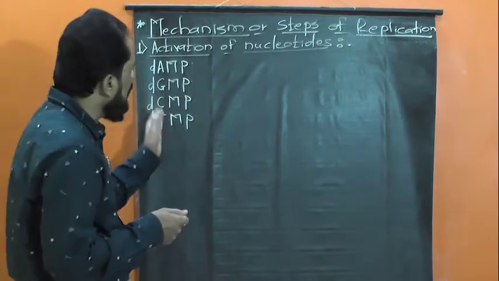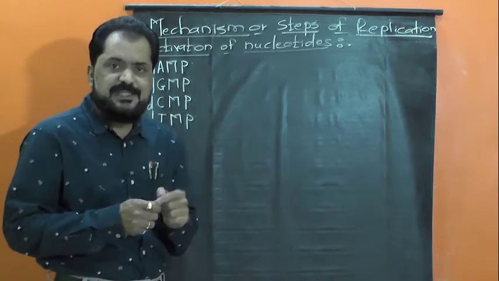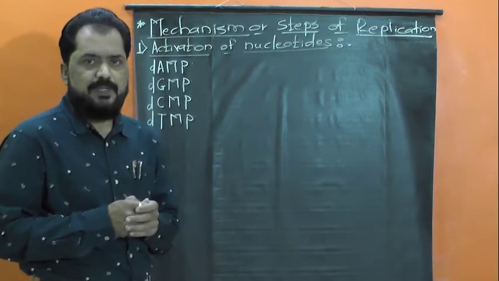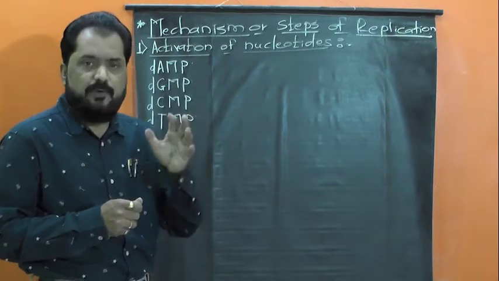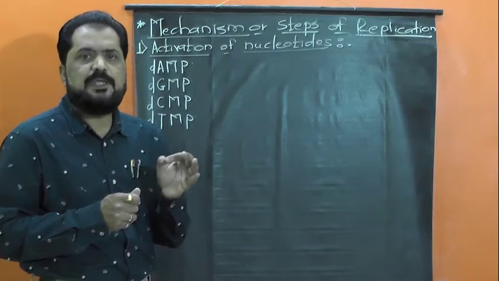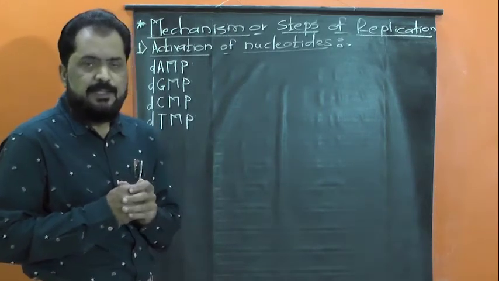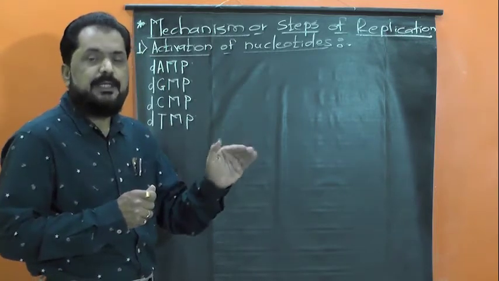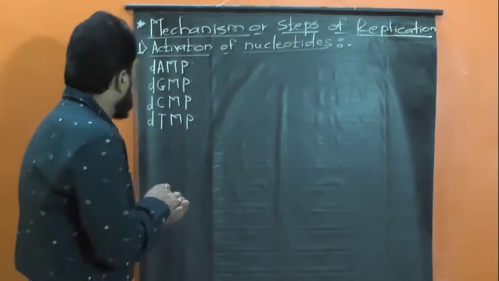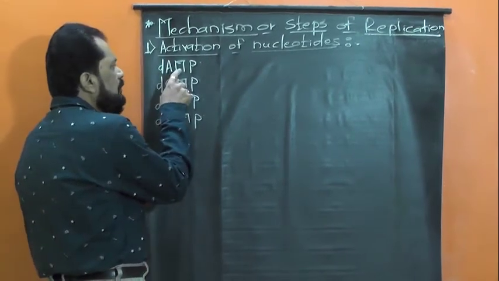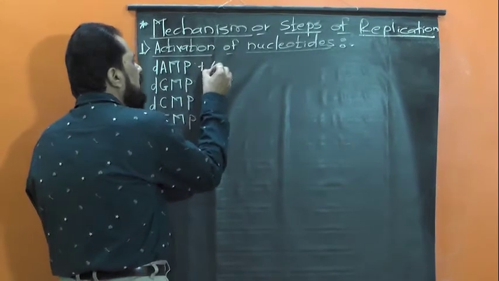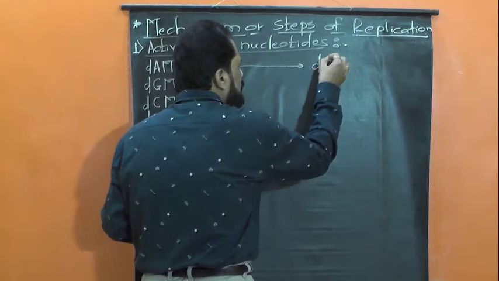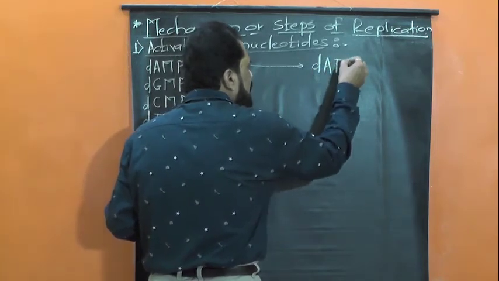And all these four different types of deoxyribonucleotides in the form of monophosphates are first of all converted into their triphosphates, and for that purpose the ATP molecules are utilized, and thus these monophosphates are converted into triphosphates, such as the deoxyribose adenine monophosphate plus ATP gives deoxyribose adenine triphosphate.